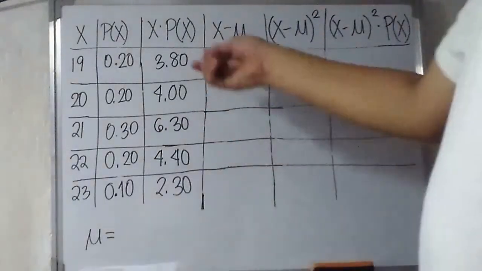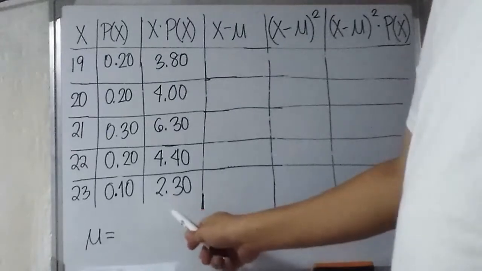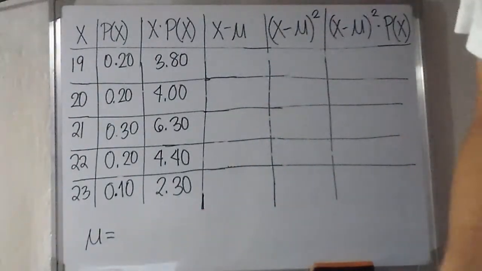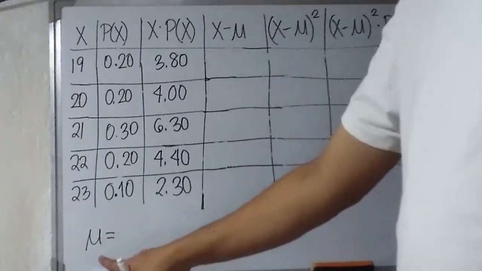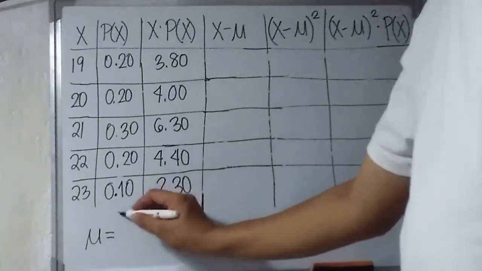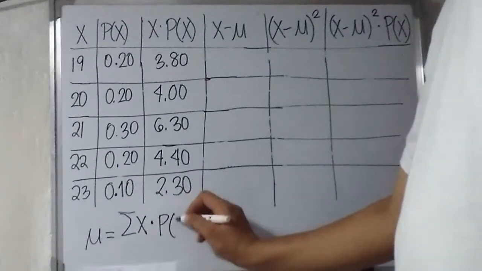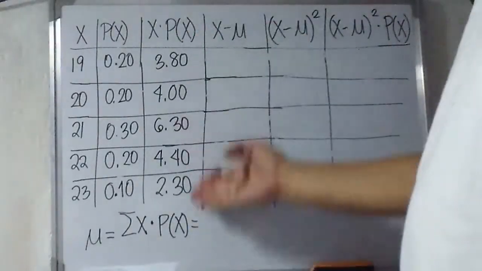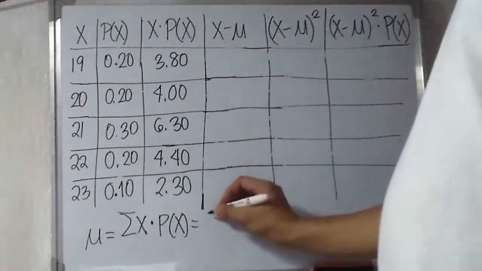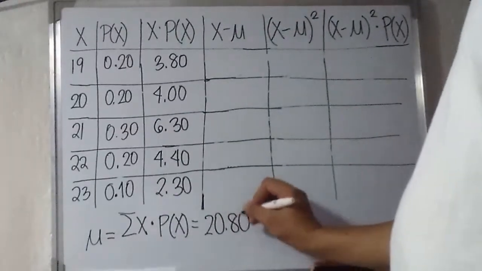So it looks like this because it is in 2 decimal places. So the mean is equal to the summation of x times p of x, which is the sum of this, 20.80.